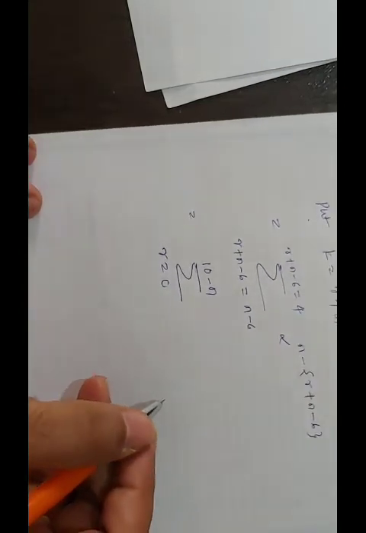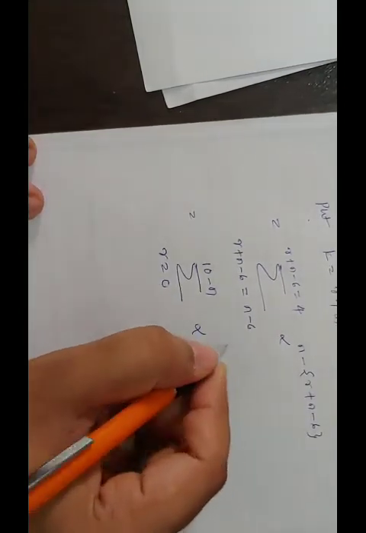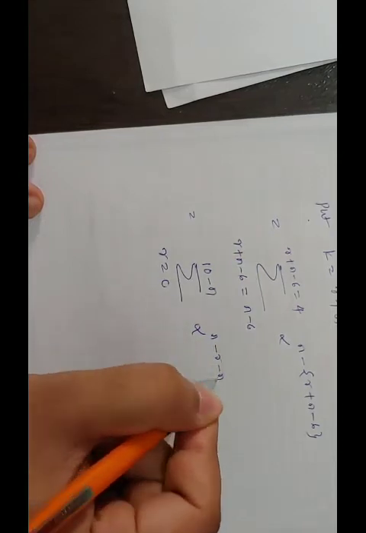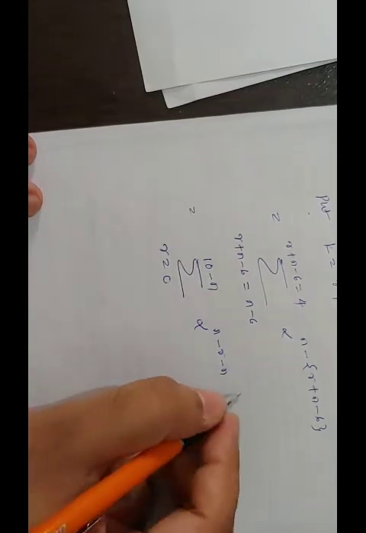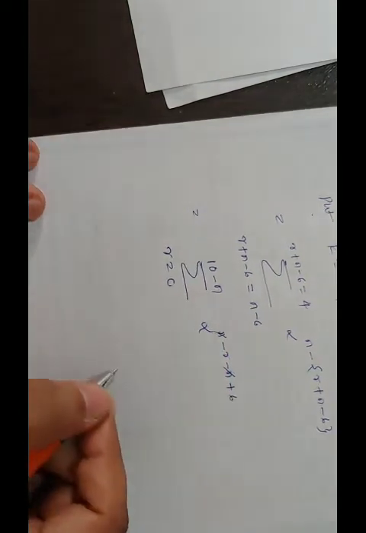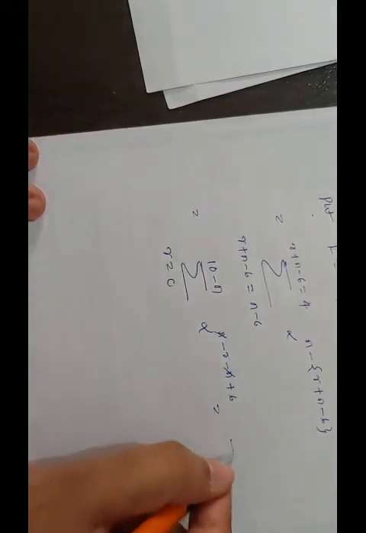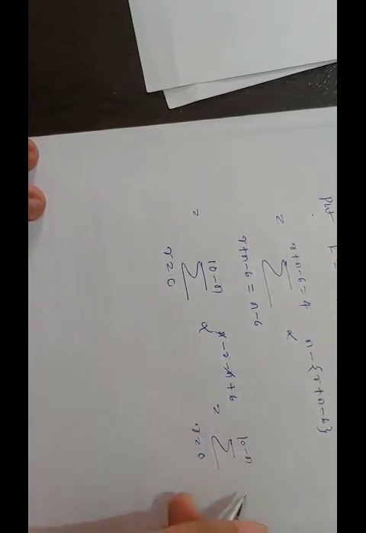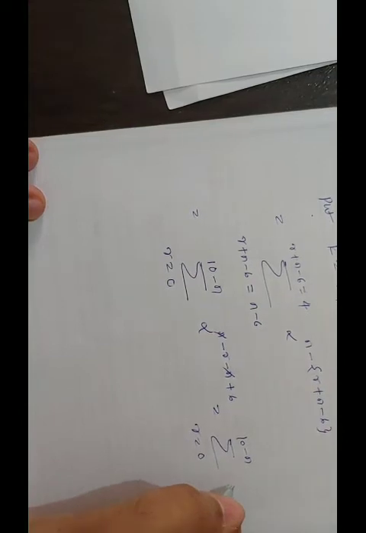Similarly, here it becomes alpha to the power n minus r minus n, then I am getting here plus 6. So minus n gets cancelled. So I am getting summation of r equal to 0 to 10 minus n, then alpha to the power 6 minus r I am getting.